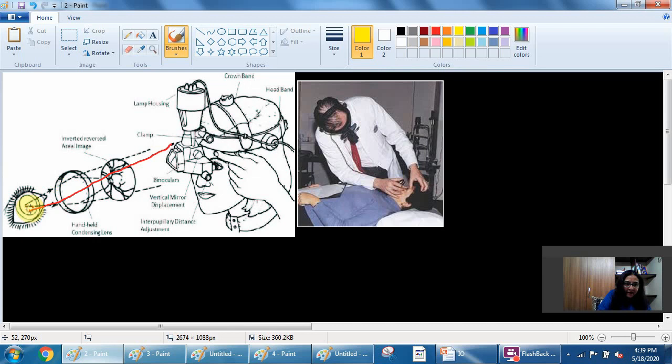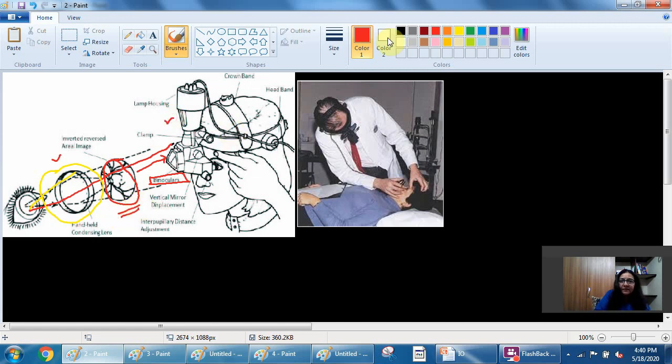When the light is reflected back, it is collected by this condensing lens which we saw, and this lens then forms an aerial image of the retina, which is then viewed by the observer through the binocular system. The image is formed between the condensing lens and the observer.